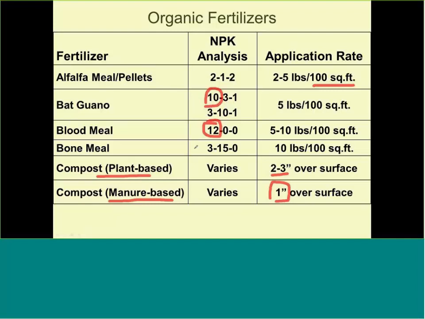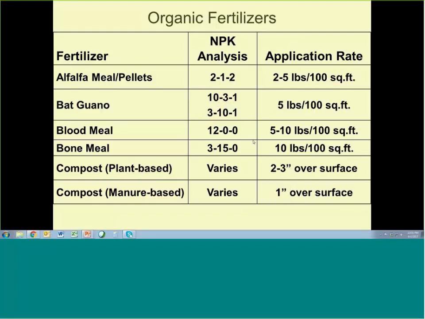Urea is 46-0-0. You'll never find anything that's organic that's naturally 40 or 30%. If they do that in the future, possible, but as of today, let's say 12, 15%, let's be generous and say 15%. Anything more than 15%, question it if you want to use 100% organic fertilizer.